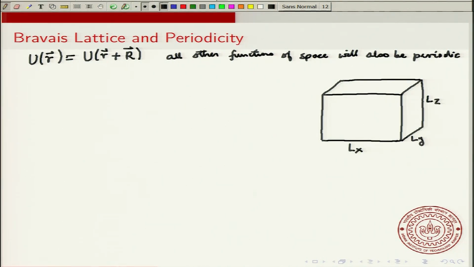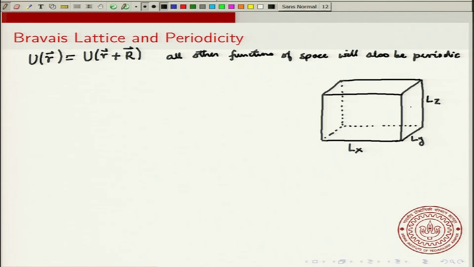Now, in the free particle solutions, we imposed a condition that the wave function should be the same at the 2 boundaries, that the wave function should vanish at the boundaries, and that is how you got the free particle solutions.